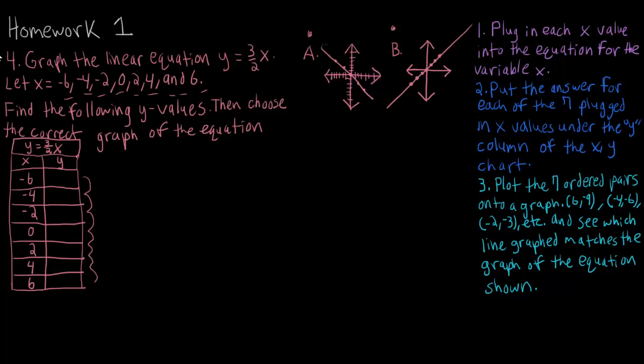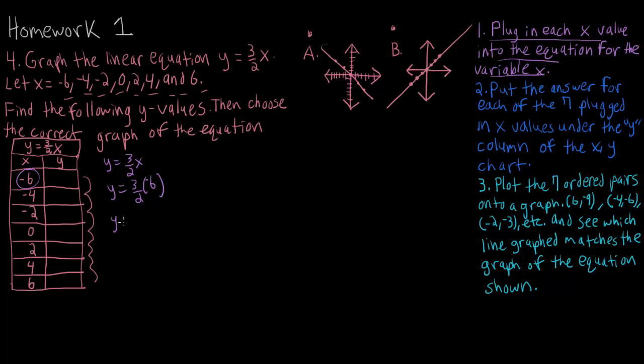So step 1, plug in each x value into the equation for the variable x. So we need to take the equation, which is y equals 3/2 x, and we need to substitute. Let's start with our first x value, -6, so y equals 3/2 times -6.